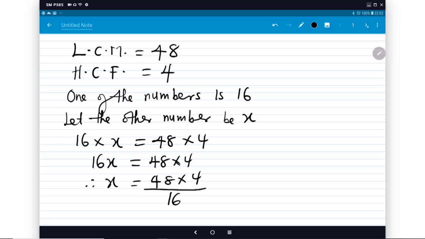As you can see what I'm doing here, you don't need to bother yourself to multiply these two and get a single number, because in GRE all these things happen, so this can always cancel this out. So just leave it like that. Don't waste your time multiplying or pressing a calculator. So 16 here is 1, and 16 in 48 is 3. So 3 times 4, this means our x is equal to 12. So the other number is 12. So we've been able to find the second number.